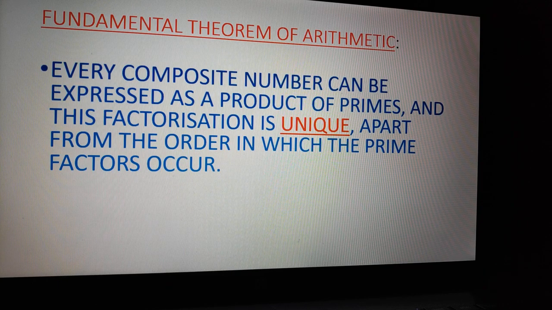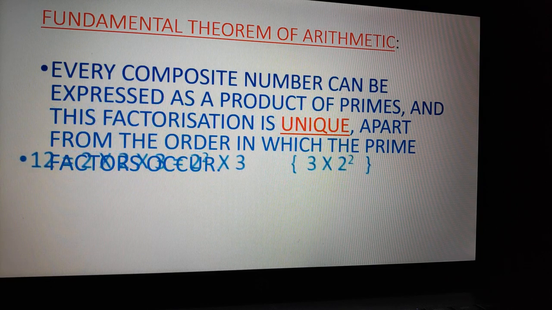Here we have to see 2 important words: one is primes and another is unique. Whenever a composite number is expressed as the product of primes, that is prime factorization. When the prime factorization of a composite number is done, the factorization in which the prime numbers come out as factors is unique.